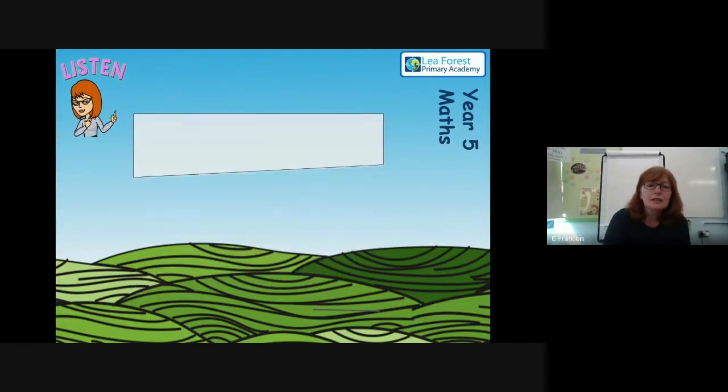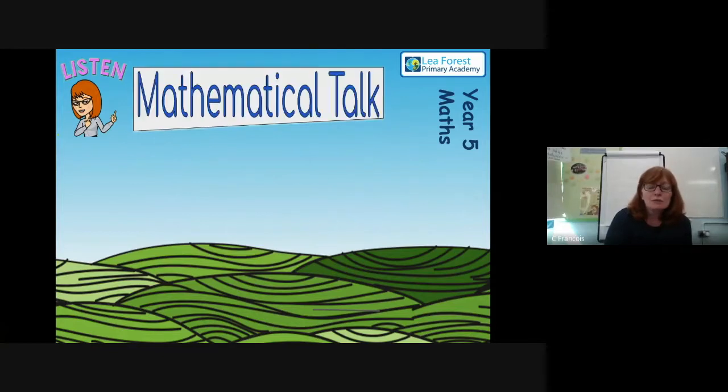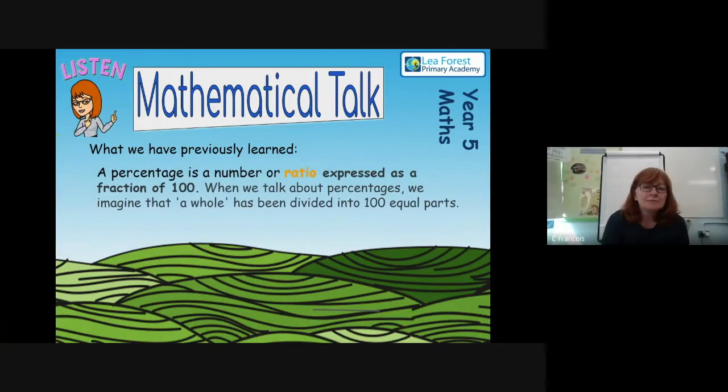So, our mathematical talk. This is what we have previously learned. We have learned that a percentage is a number or a ratio expressed as a fraction out of 100, taking us back to what percentage means: out of 100.